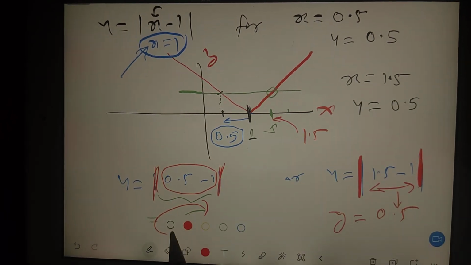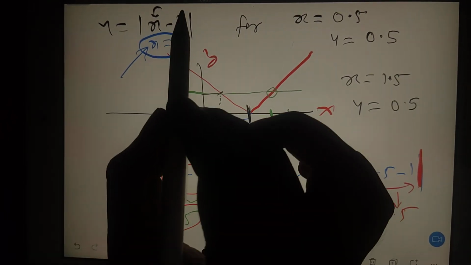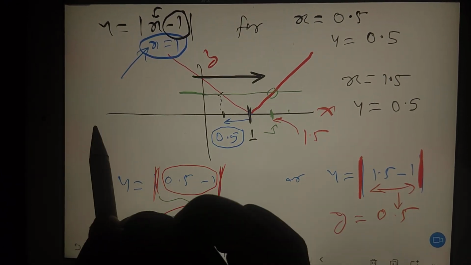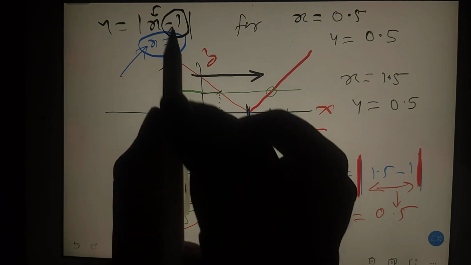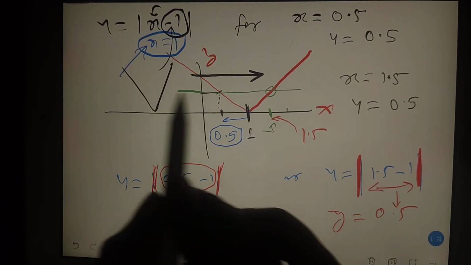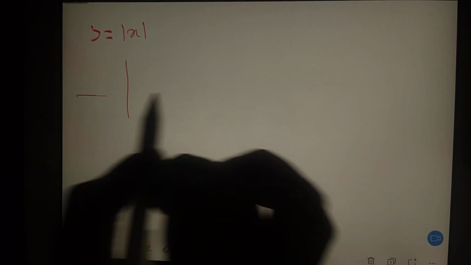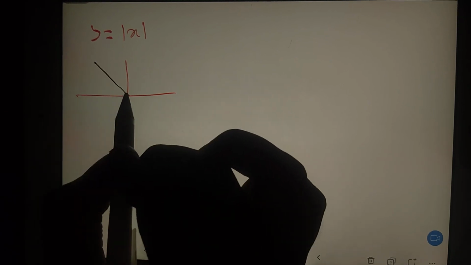So here is one trick. If you are subtracting any number, you shift your graph in the x direction. But if you are adding any number, then you shift your graph in this direction. I mean to say, if you want to draw y is equal to mod of x, then you draw exactly from the middle.